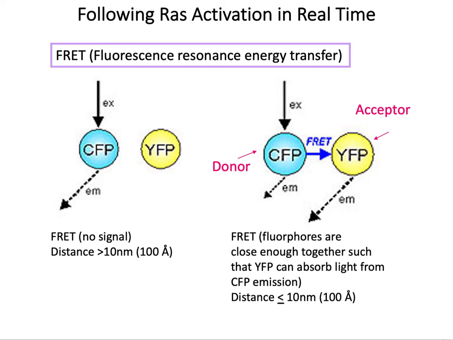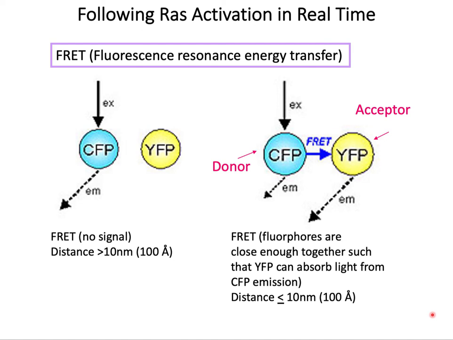One of the questions that you might have is how quickly does RAS become activated? And this is a question that we have addressed previously when we were looking at methods in cell biology. Again, we are turning to this powerful technique of FRET, fluorescence resonance energy transfer.